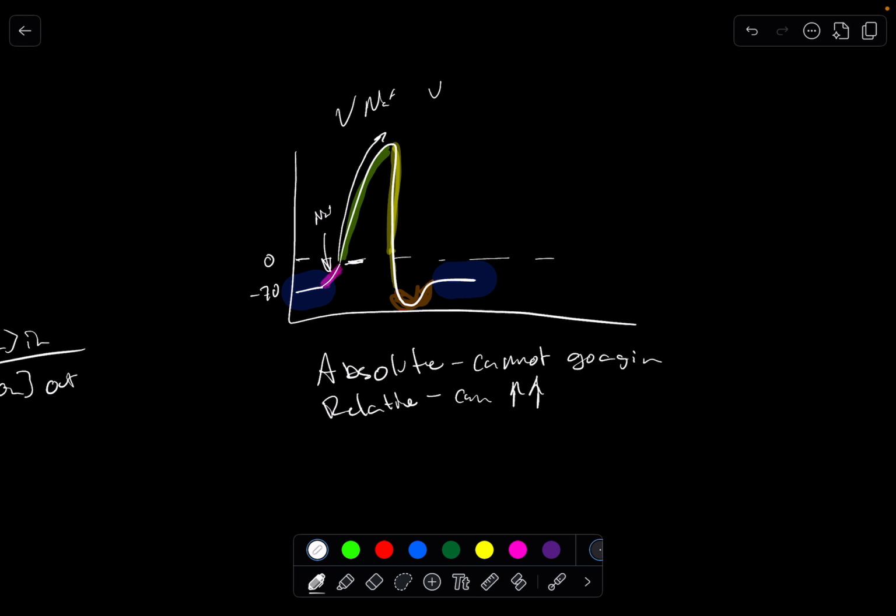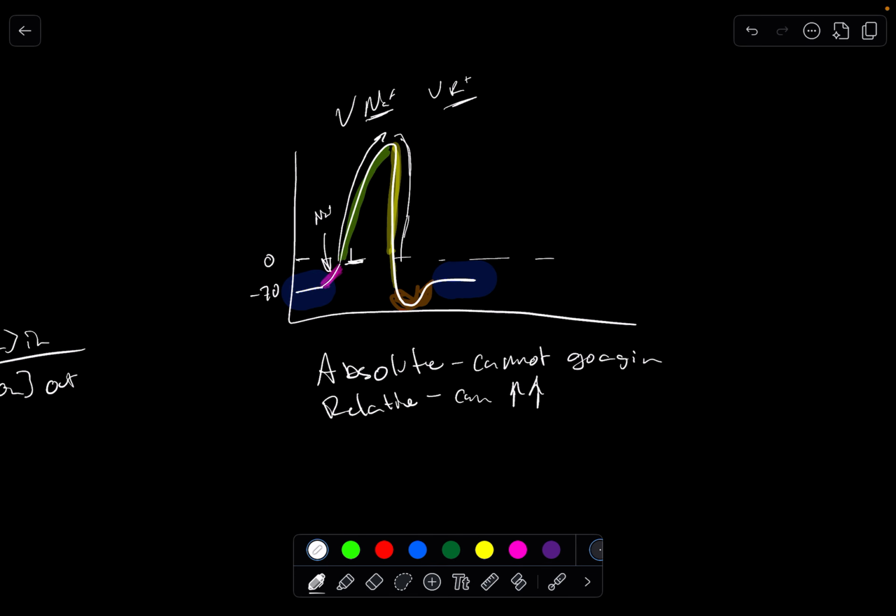And then we have voltage gated potassium channels, right? They open kind of slow. So as we begin to have them open, we get positives rushing out of the cell, and so that's why it starts to come down. Once the inactivation gates for the sodium start to close, we start to come back down because we've still got the potassium rushing out. The voltage gated sodium channels are still kind of open, closing slowly.